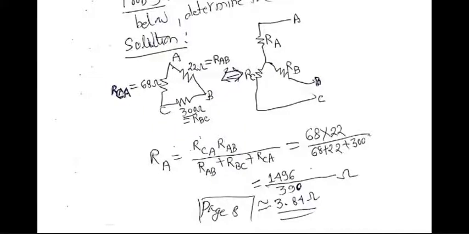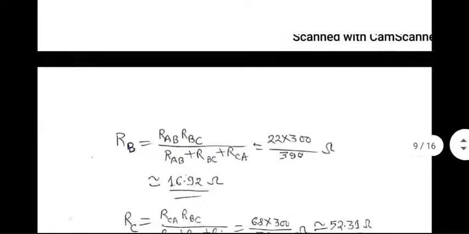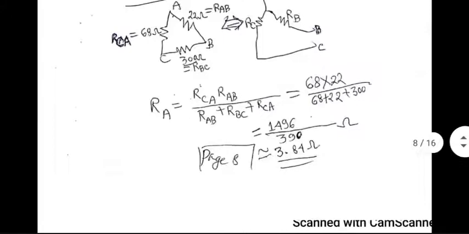RA turns out to be 3.84 ohm. Obviously, RB will be different now because we are looking at unbalanced load. RB is this formula. It turns out to be 16.92 ohm. There are online converters available to double check your answers.